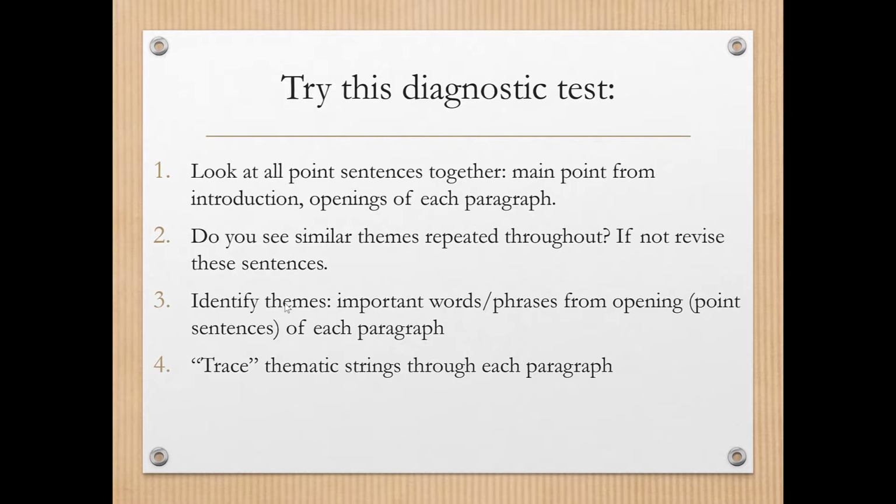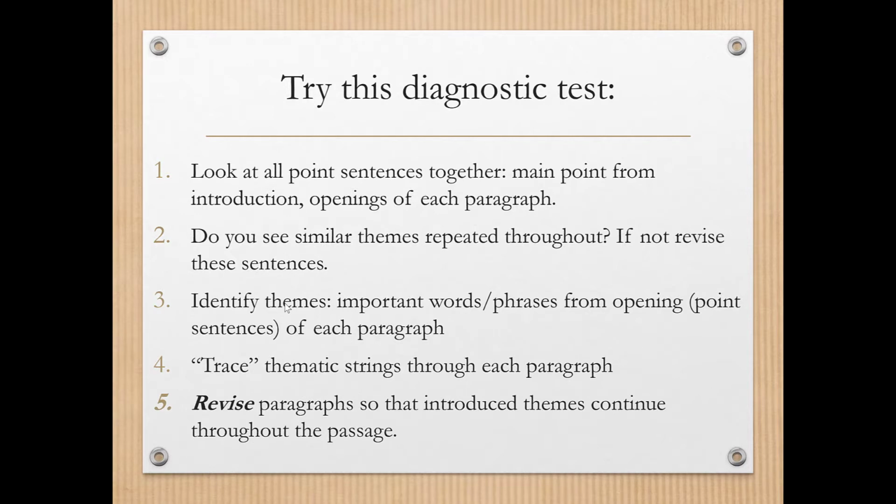Make sure they appear, highlight them, and make sure they appear enough in your writing. Finally, revision of our work is very important if we're needing to submit something. So revise these paragraphs so that these introduced themes continue throughout the passage. Make sure that these keywords repeat along with their synonyms. So that's how we can start to connect our writing.